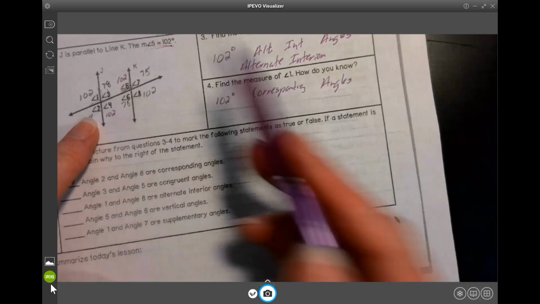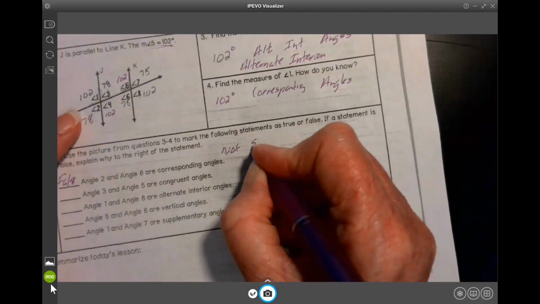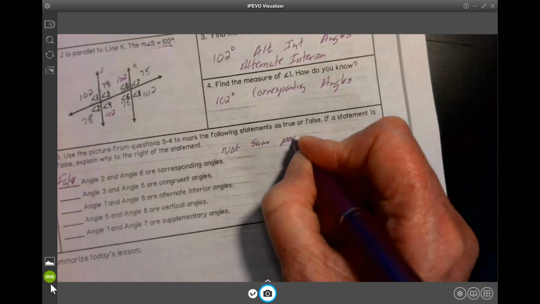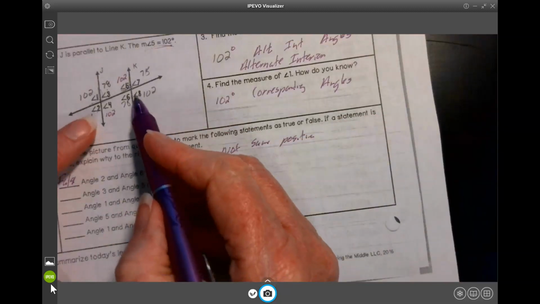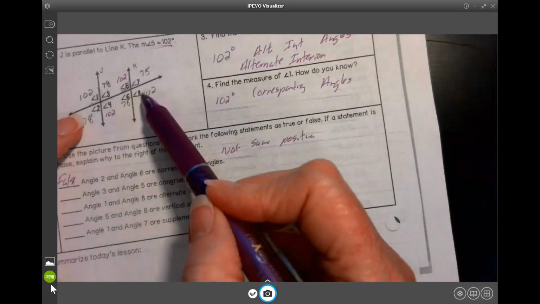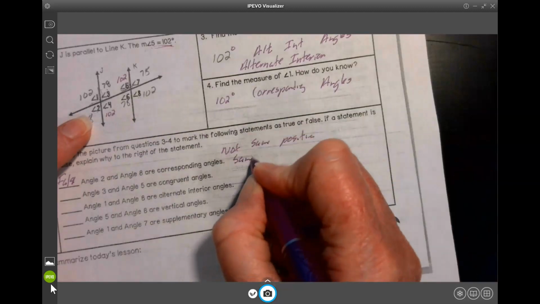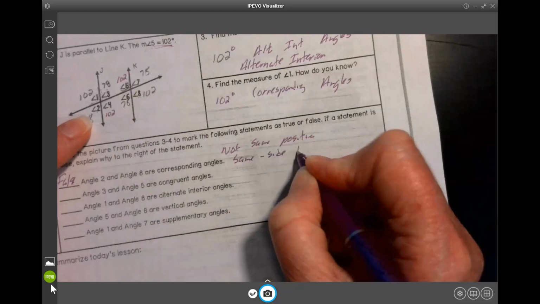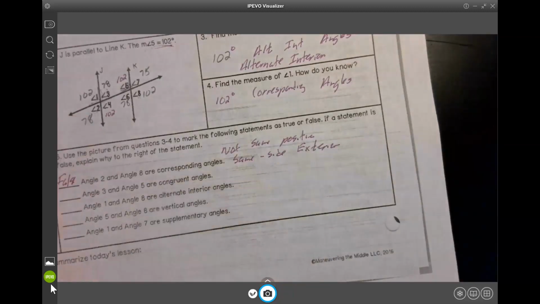They're not in the same position. Not the same position. Also, we can say 2 and 8 are same side exterior. So they can't be corresponding.